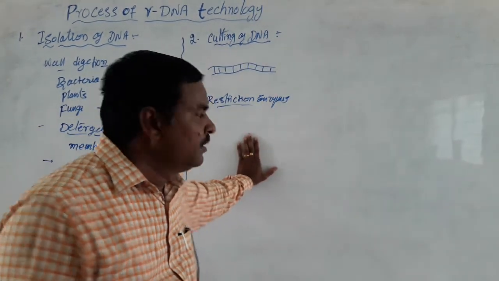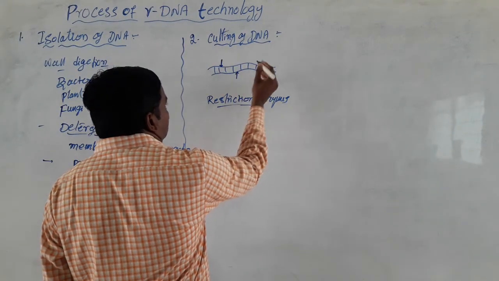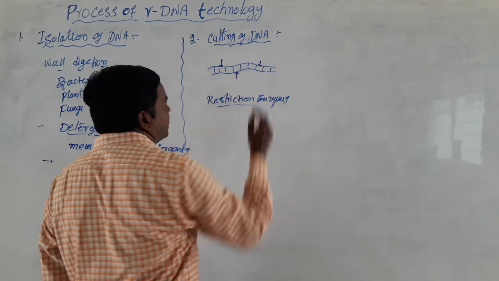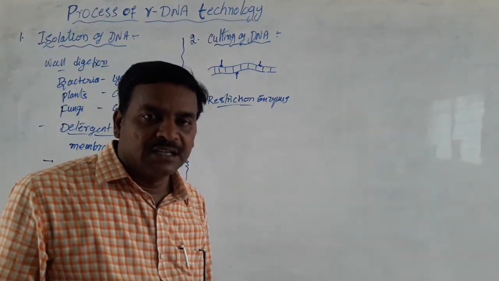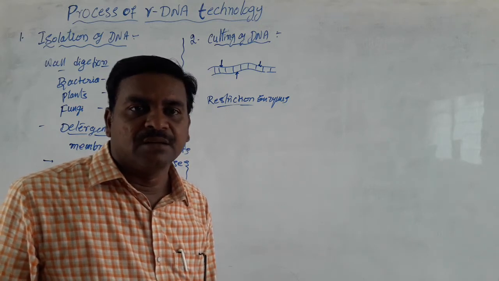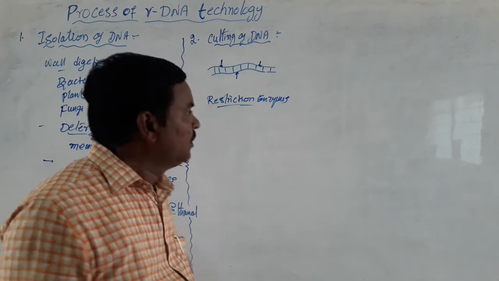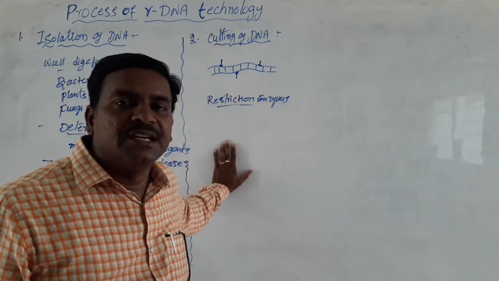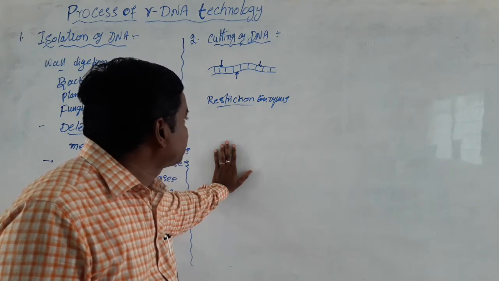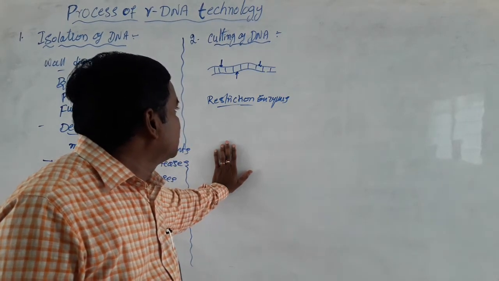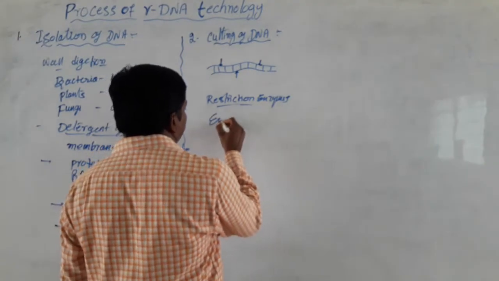These restriction enzymes identify some specific palindromic sequences in DNA and cut the two strands at the sugar phosphate backbone, leaving the fragments with sticky ends. This process of cutting of DNA is called enzyme digestion.